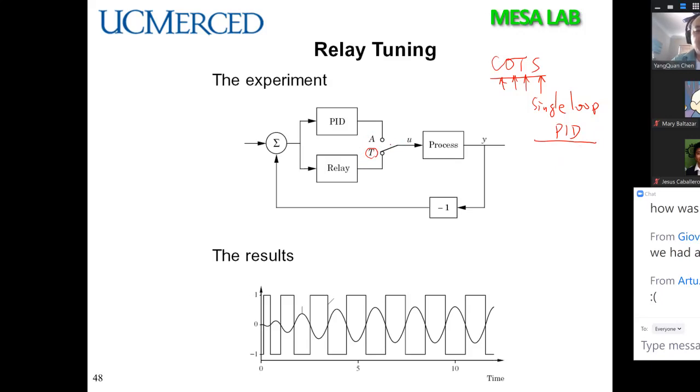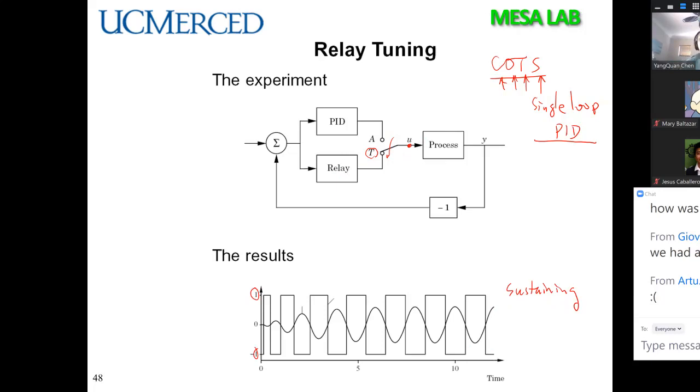So when you add this mode, your output will start to oscillate and become a sustaining oscillation. Then your signal is either maximum or minimum, that's 1 and -1.